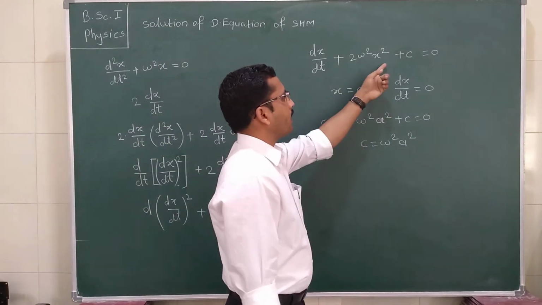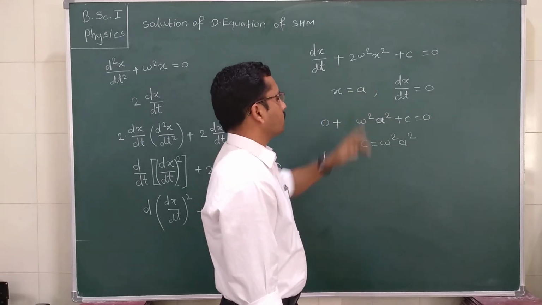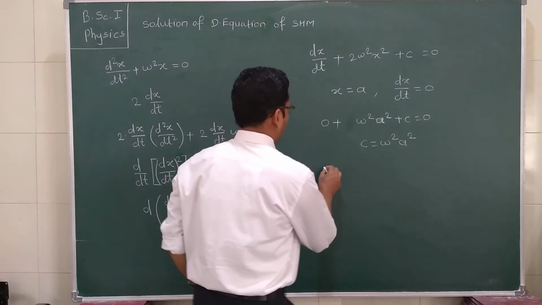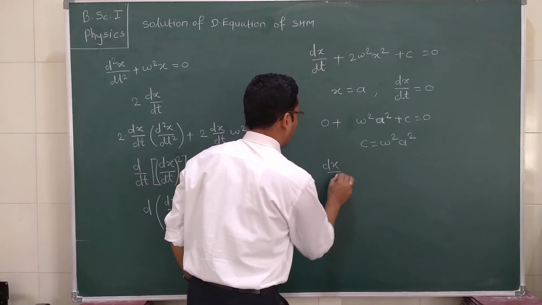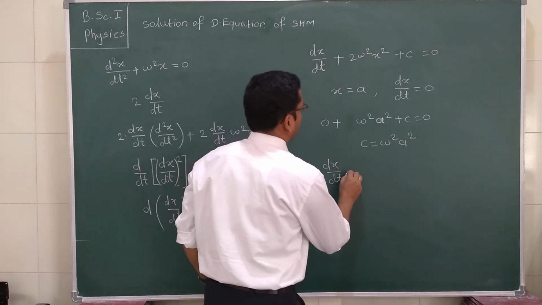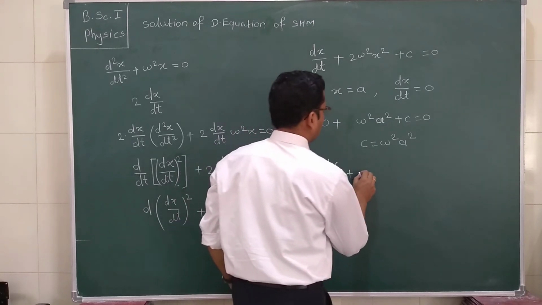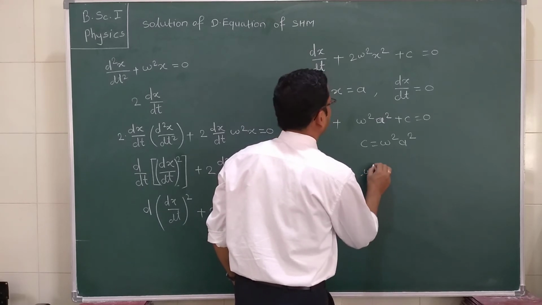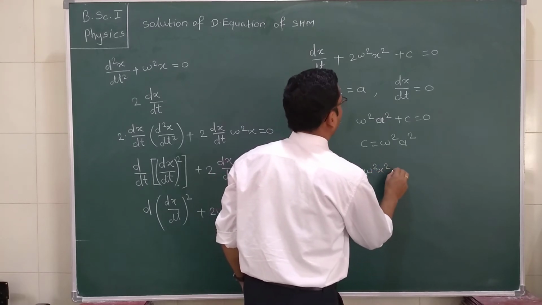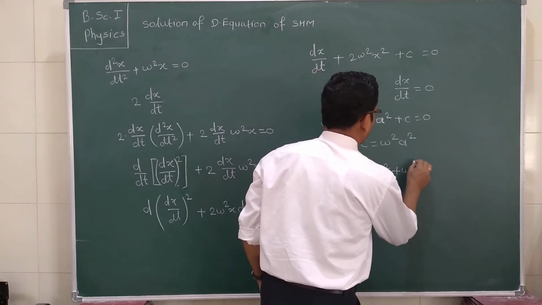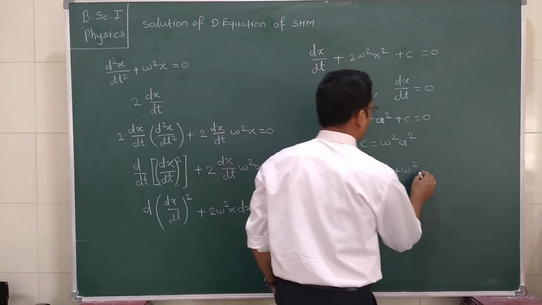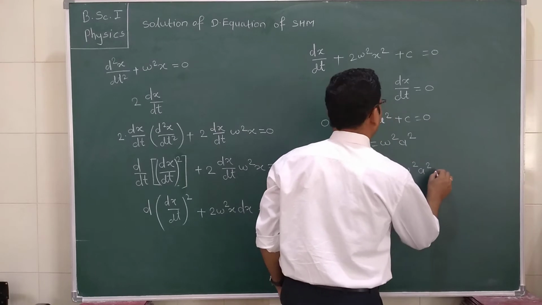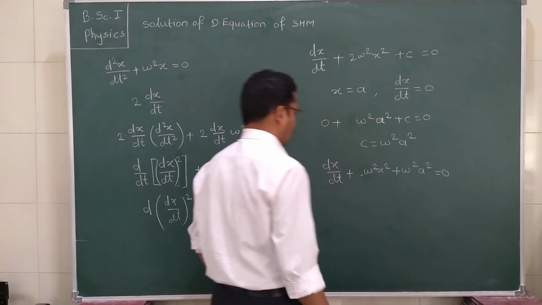While keeping this value in this equation, we get dx by dt squared plus omega square x square plus omega square a square is equal to 0.